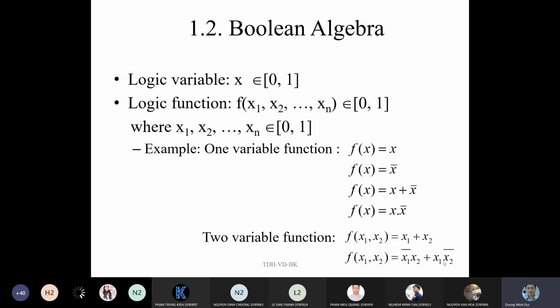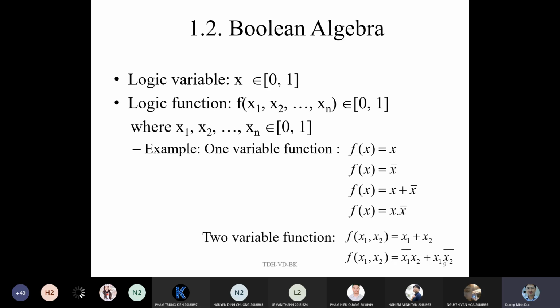To be clearer, usually people represent logic variables using 0 and 1. But remember, in Boolean algebra, 0 and 1 are different from the ordinary algebra. It's like a symbol.